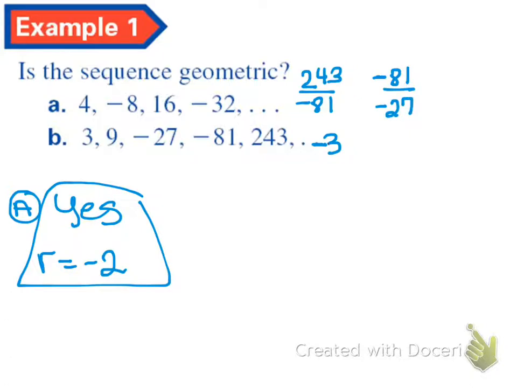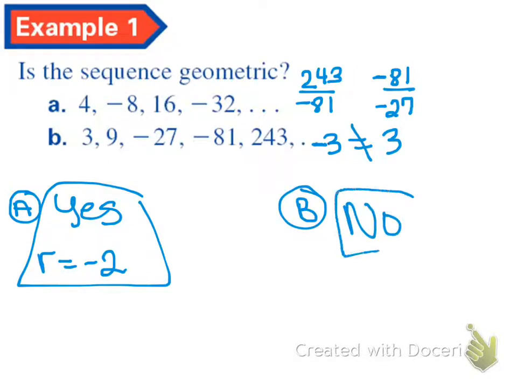And when we divide, we get 3, but notice it's a negative divided by a negative, so we get a positive 3. Negative 3 does not equal positive 3, so for part B, there is no common ratio. It is not a geometric sequence. Okay? So to determine if your sequence is a geometric sequence, you want to check and see if there is a constant ratio. To find that constant ratio, divide by the previous term.